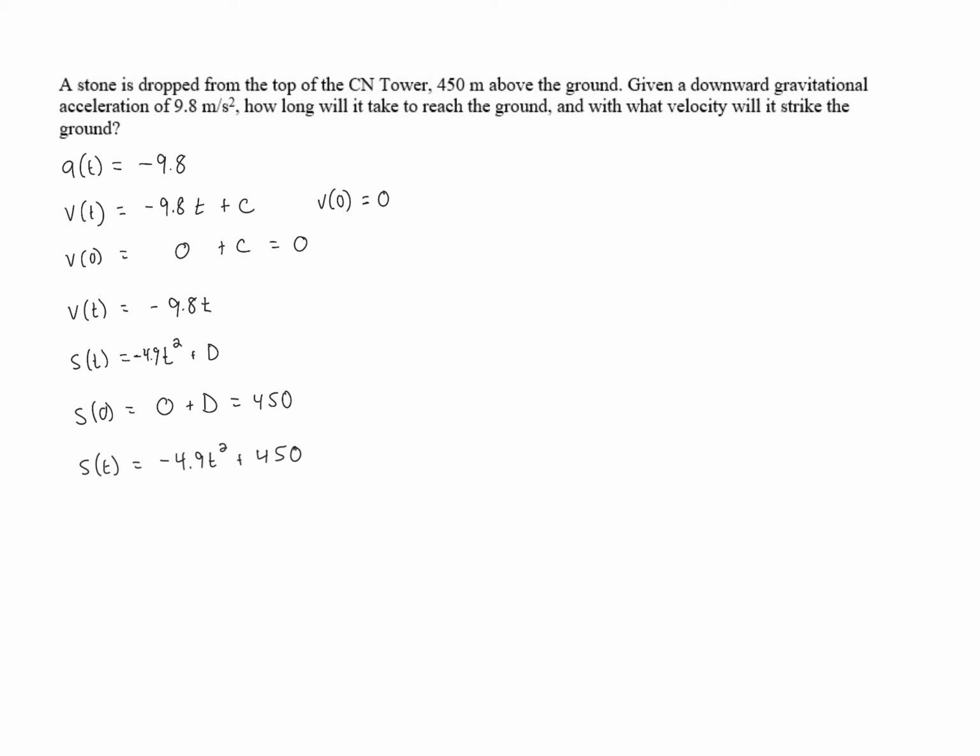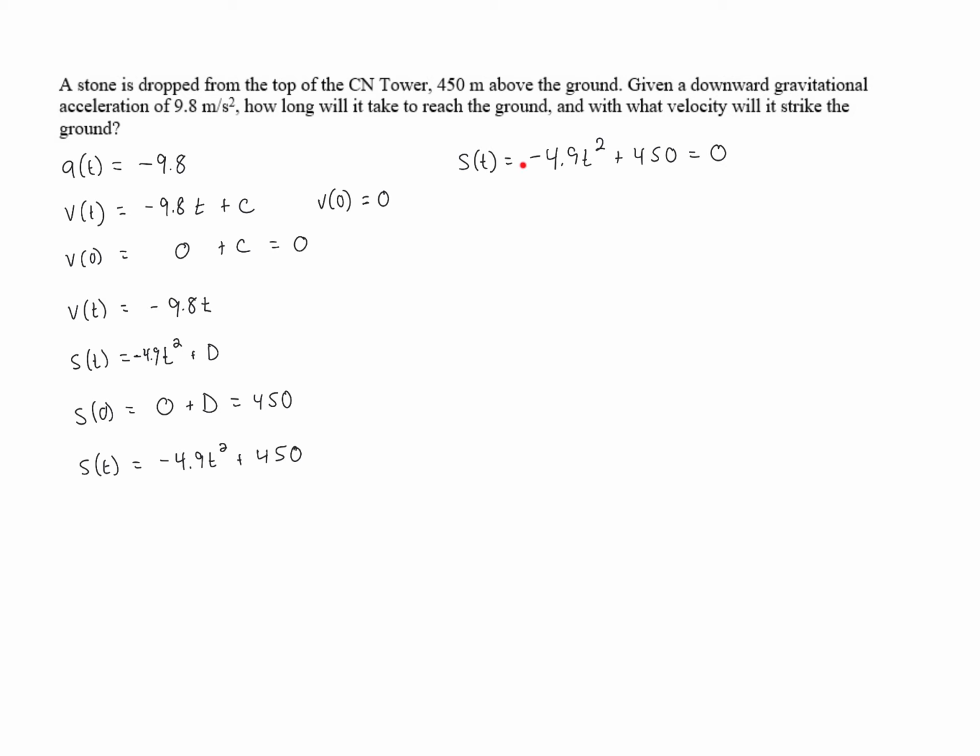We were asked, how long will it take to reach the ground? Well, it reaches the ground specifically when the position is equal to 0, because in this problem, the position is the height. It starts at 450 meters, and we want to know what value of t makes this 0. So when does s of t, negative 4.9 t squared plus 450, equal 0?